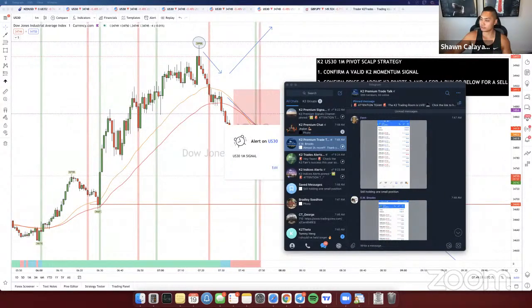It's weird. It says that it's in the position, but I'm looking at my social trader tool and it doesn't show anything there. Let me check this real quick. It should be in the position. Oh yeah, no, it's up almost 800 right now. Great, perfect. It's up about 800 on both accounts.